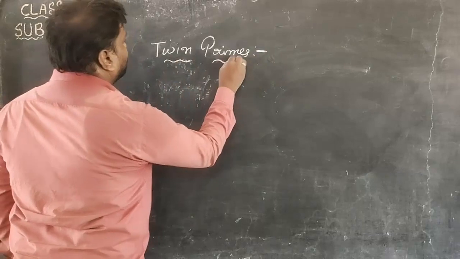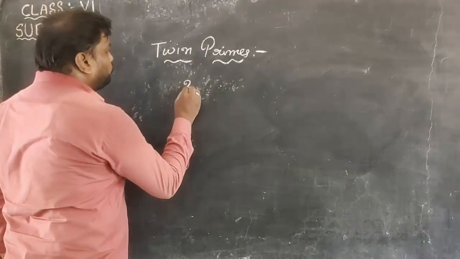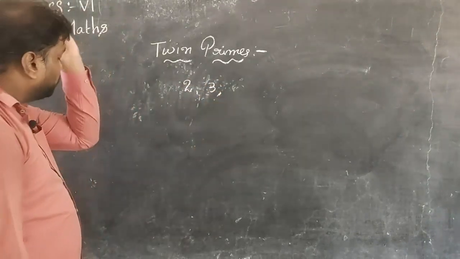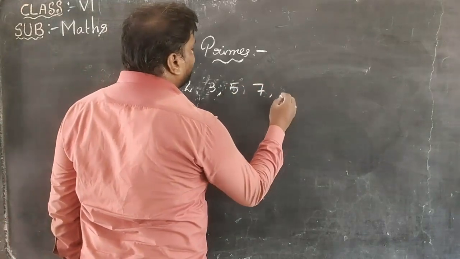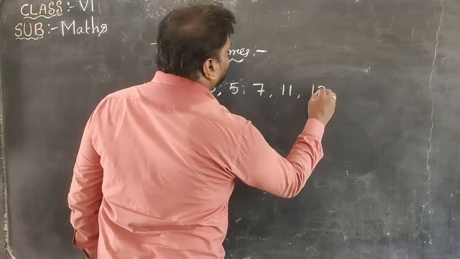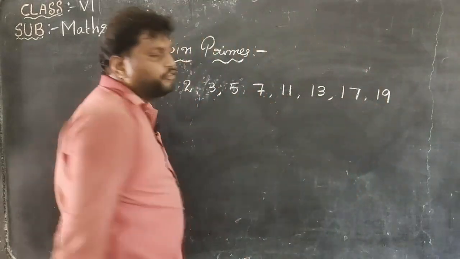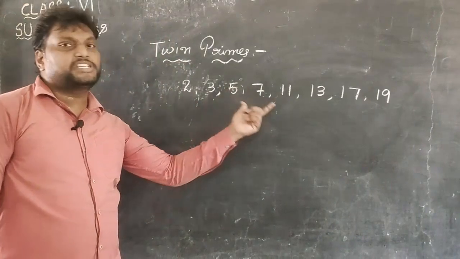Next, twin primes. Twin primes are also prime numbers. Now I am taking the prime numbers from 1 to 20: 2, 3, 5, 7, 11, 13, 17, 19. For twin primes, the difference between two prime numbers is 2.